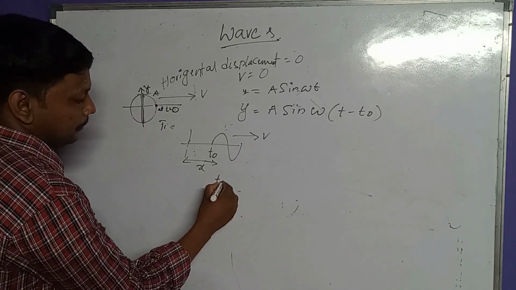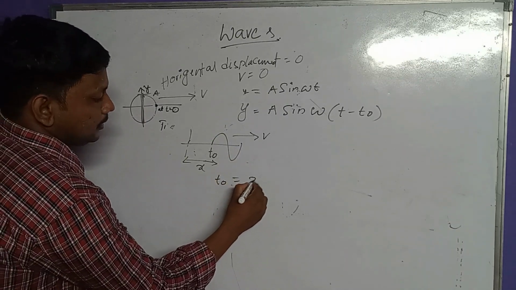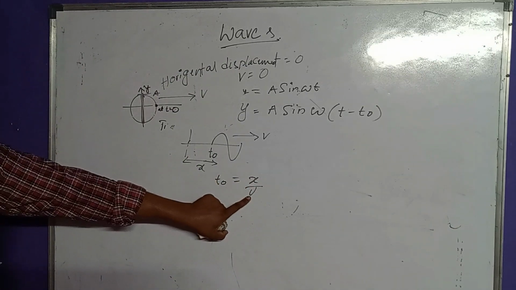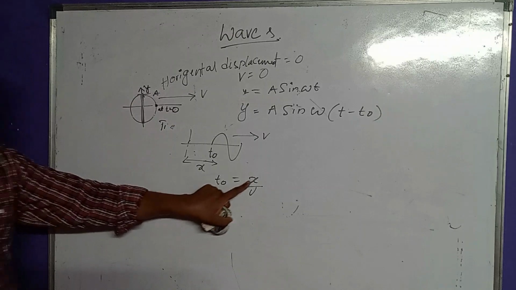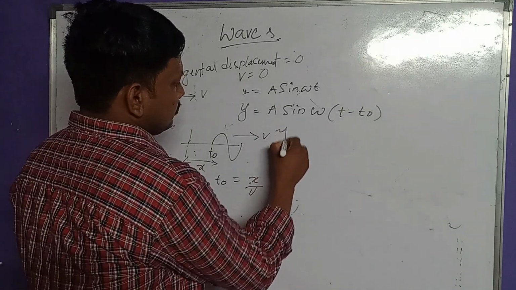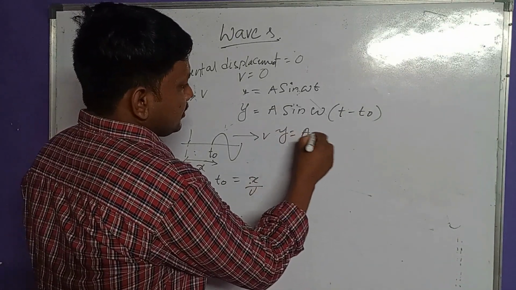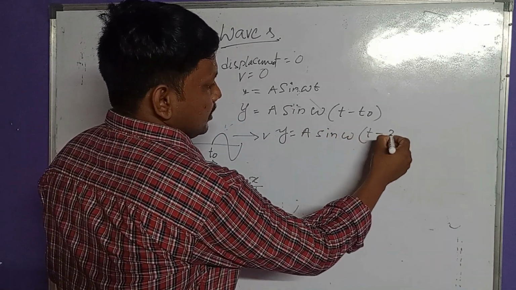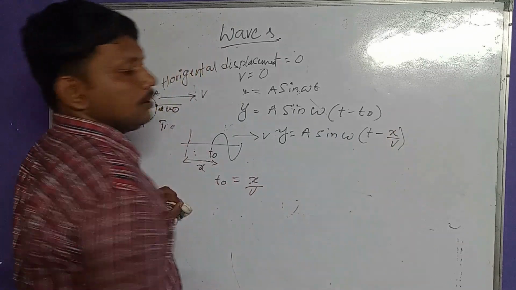Then time t naught is equal to distance by velocity, that is x by v. So y is equal to a sin omega (t minus x by v).